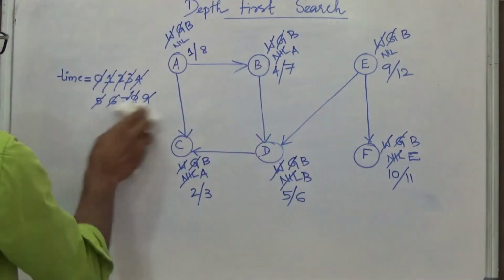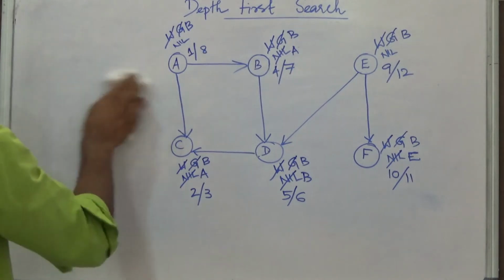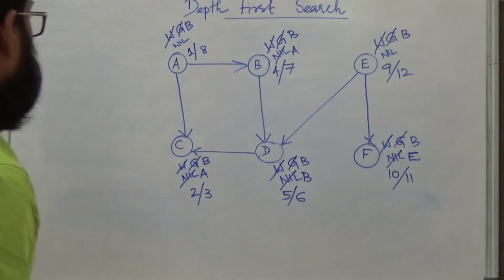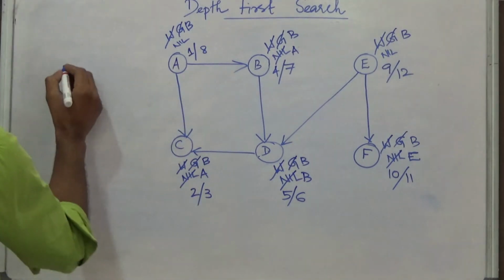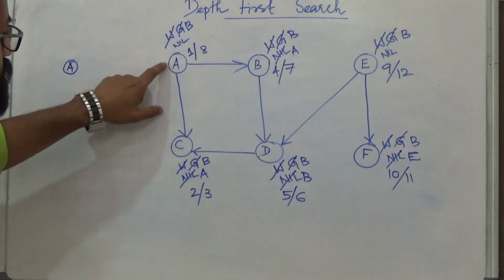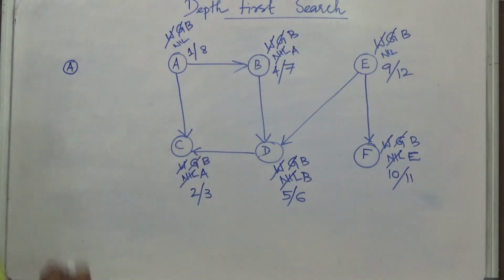Now from the predecessor information, you can construct the depth first trees obtained. So you have started from A. From A, you have moved to C at first.